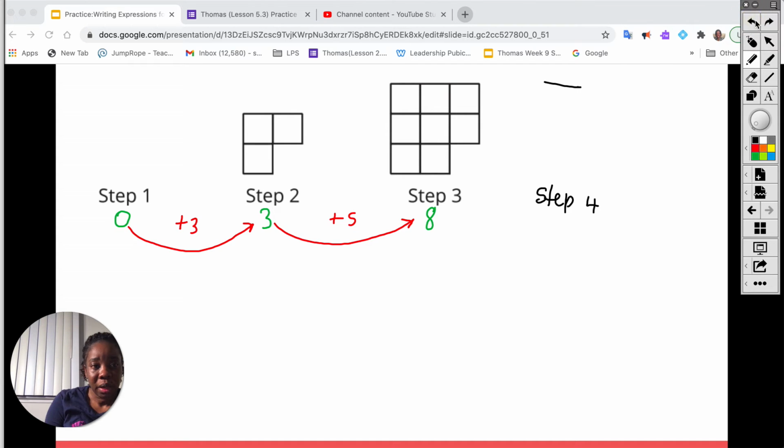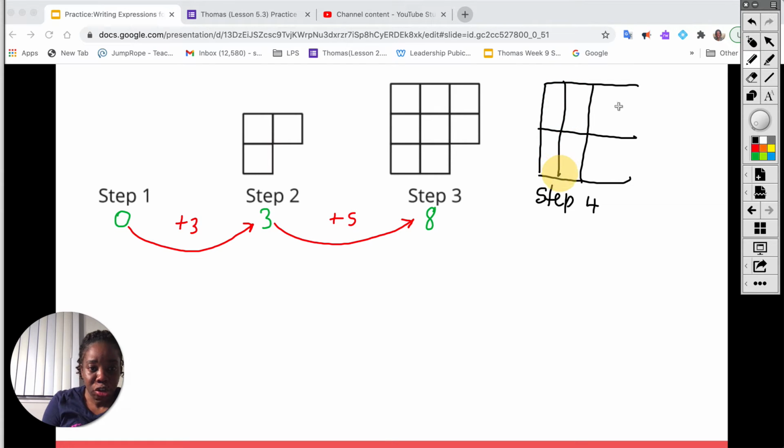Oh man, I can't draw to save my life. All right, so we're going to do a 4 by 4. And we're going to leave off 1 square.